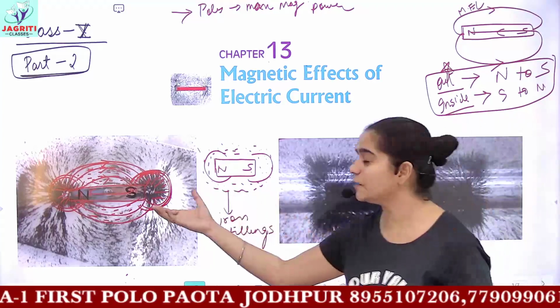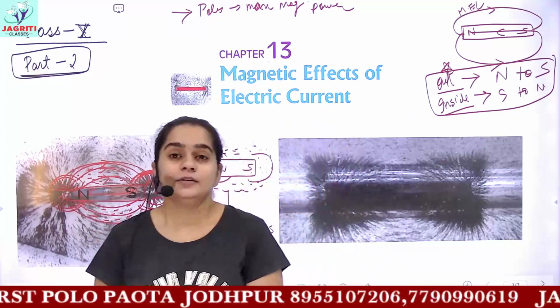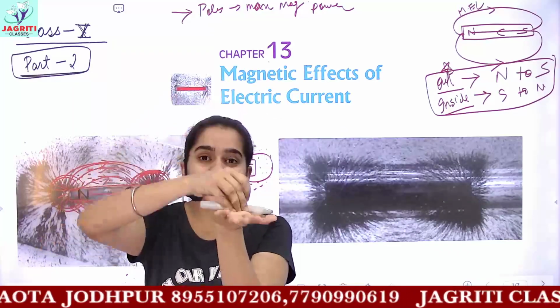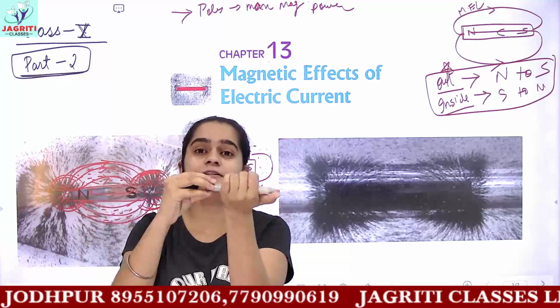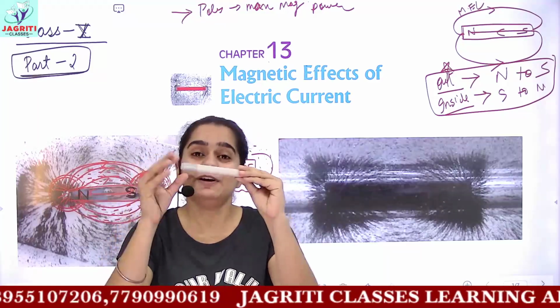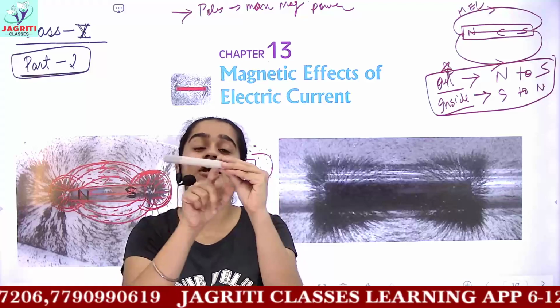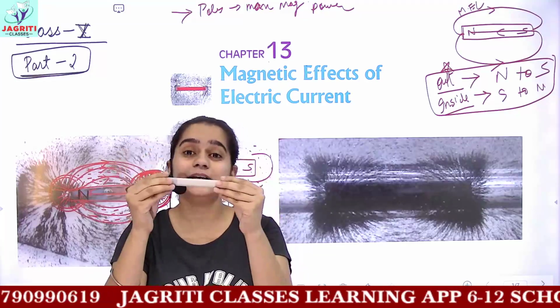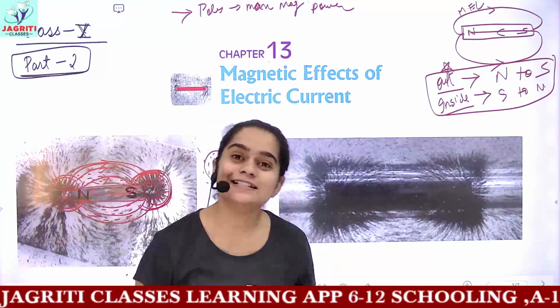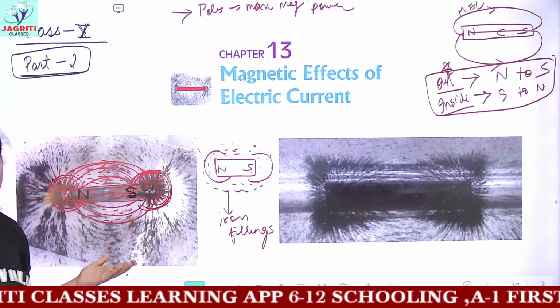You can also perform this at your homes, okay? You take a magnet, you spread many iron filings, and whenever you keep the magnet, you will see most of the filings will get attracted to the corners or to the poles, and very few filings would be in the middle portions. And that too you can see the filings would be in a circular manner. So this confirms all the properties of magnetic field.